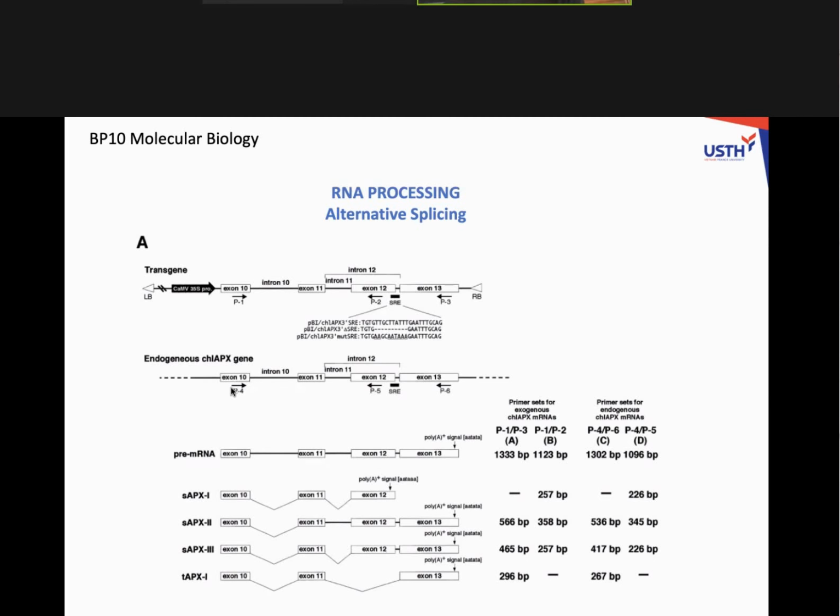The first version is the normally spliced version of the hnRNA, which means exon 10 is conserved in the mRNA, intron 10 removed, exon 11 conserved, intron 11 removed, exon 12 conserved, intron 12 removed, and exon 13 conserved. From that, you have one protein that is translated that contains the coding sequence of exons 10, 11, 12, and 13.